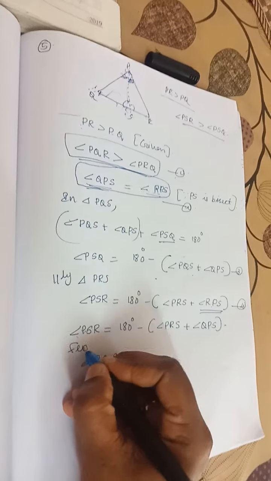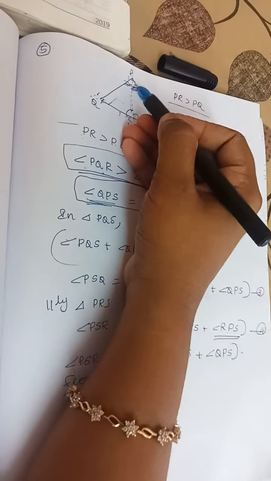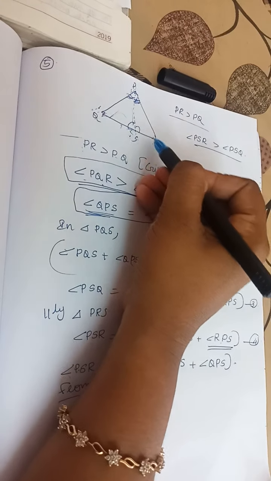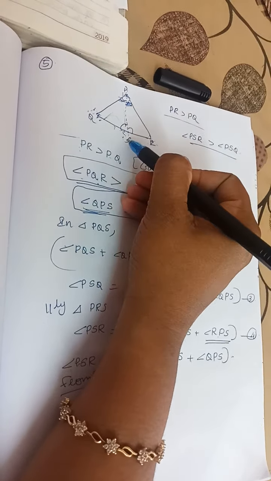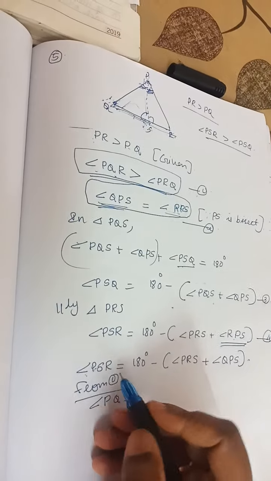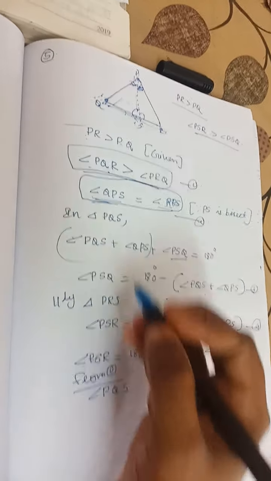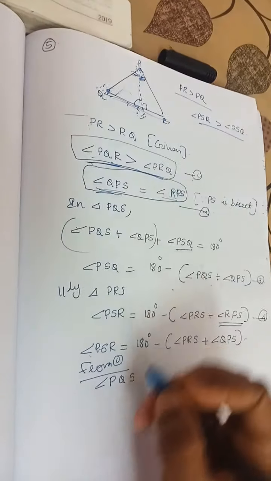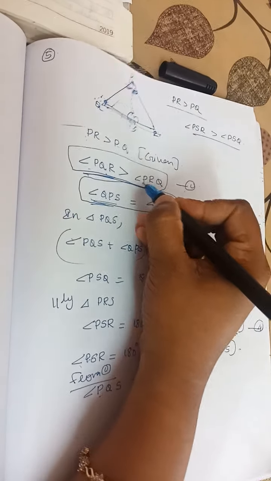So from equation number 1 we can write angle PQR. PQR is the same as PQS, correct? So instead of PQR we can write PQS. So from equation number 1, I am writing angle PQS, which is greater than angle PRQ.